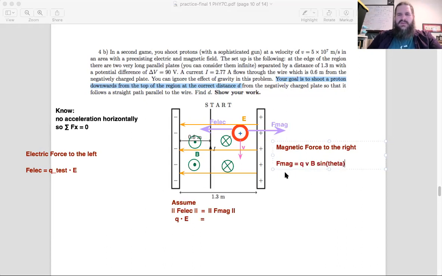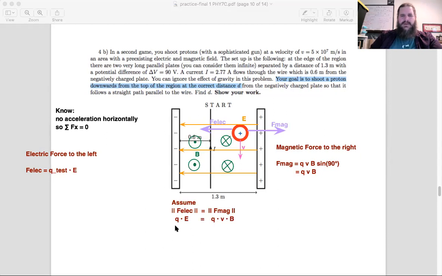Although in this case, what's the angle between the velocity and the magnetic field vector? Yeah, 90 degrees, and sine of 90 is just 1, so we can ignore that. So QVB, we can fill that in for magnetic force. And then what?